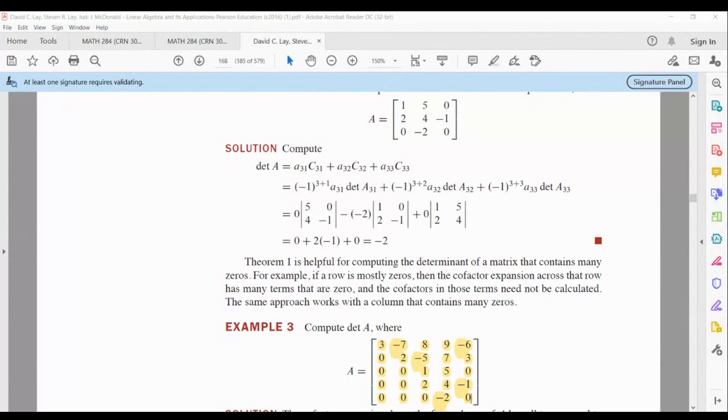Well, what would be good choices here for expanding along?